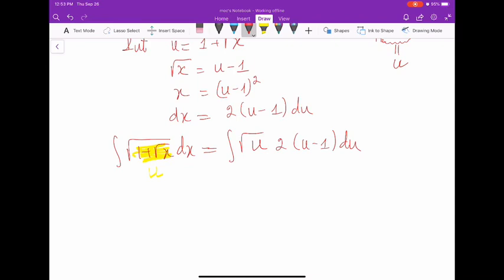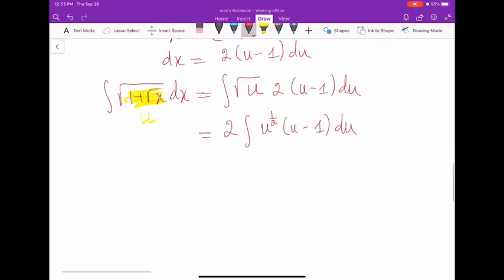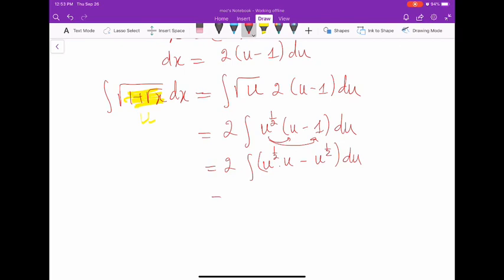And I have this equal to 2 times the integral of square root of u, which I will rewrite as u to the 1/2, times u minus 1 du. We have all power functions in here. That's good. I just distribute this, and I have two power functions: 2 times the integral of u to the 3/2 minus u to the 1/2 du.